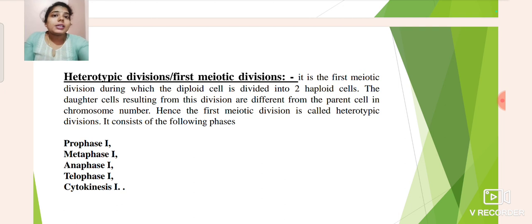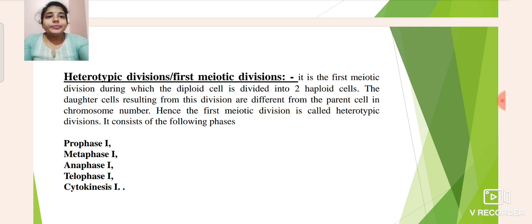It means the daughter cells resulting from this division are different from the parental cells in chromosome number. The chromosome number varies from parental to daughter cells. That is the only reason we call the first meiotic division heterotypic division.